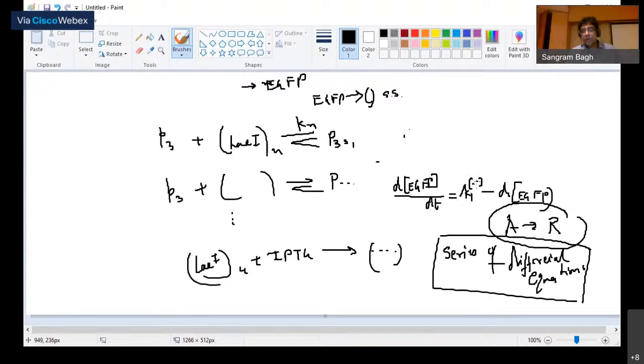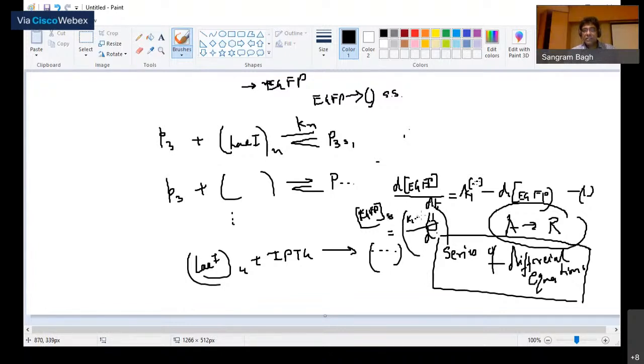So this is a single equation, but it has all these simultaneous equations together. Steady state means something is not changing with time, meaning dEGFP/dt equals 0. If this is 0, then your EGFP concentration at steady state would be equal to K1 divided by D1.